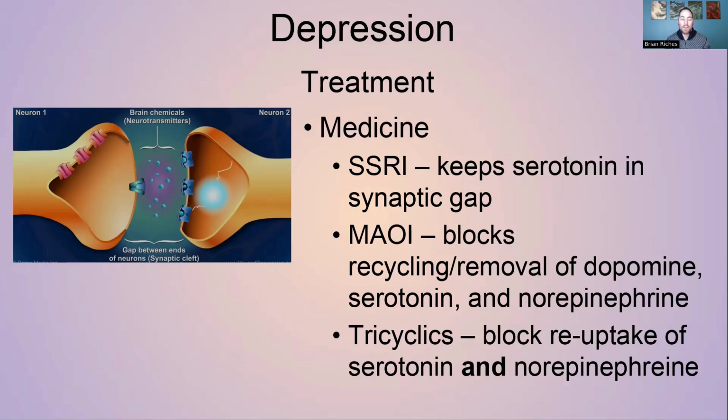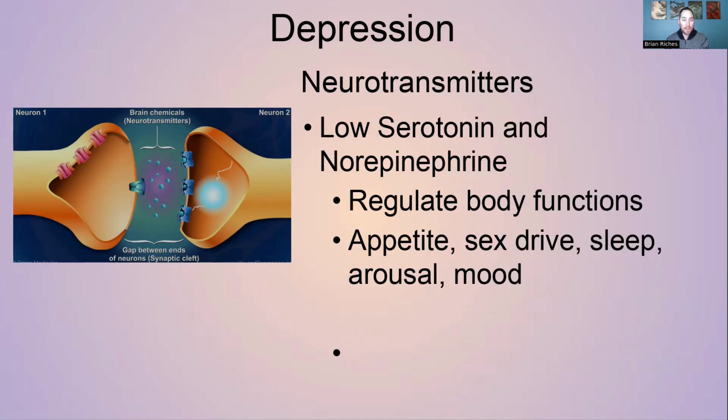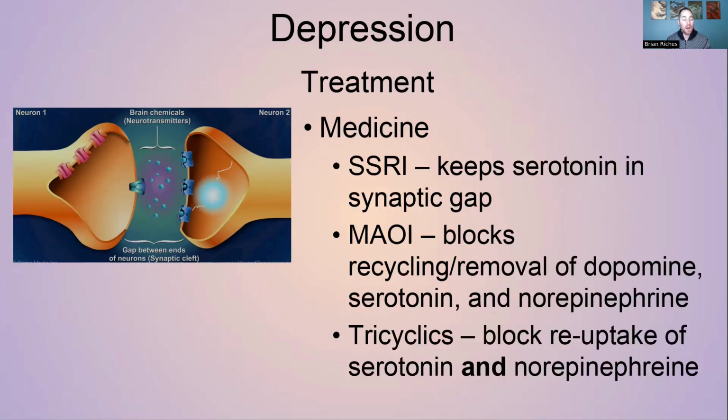So, one of the things that we do for treating depression is medicines. These medicines are really trying to target some of these neurochemicals. So, again, if we go back here, serotonin and norepinephrine are both low. And so SSRIs really focus on serotonin. It's selective serotonin reuptake inhibitor. Essentially you've got the neurotransmitters in here, then they get reuptaked, or vacuumed back up, into this neuron to be used again.